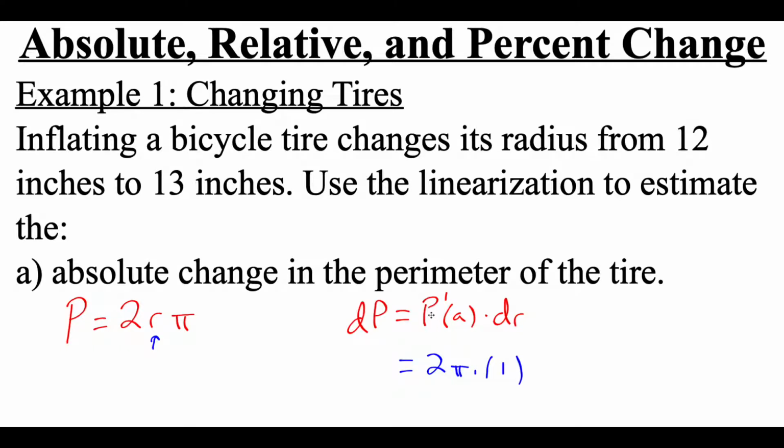Technically, we're supposed to do the derivative of p at a, but because there is no r value left, we don't have a place to plug in the 12, so we're not going to plug that in. We end up with 2 pi as the absolute change in our perimeter, and we can approximate that to be about 6.28 inches.